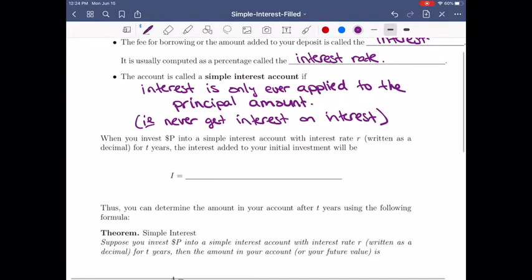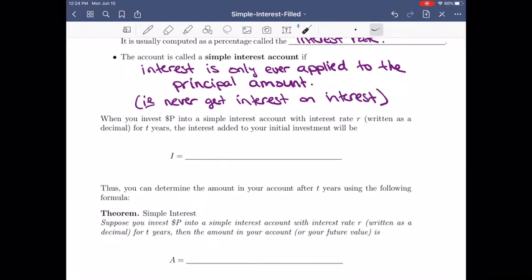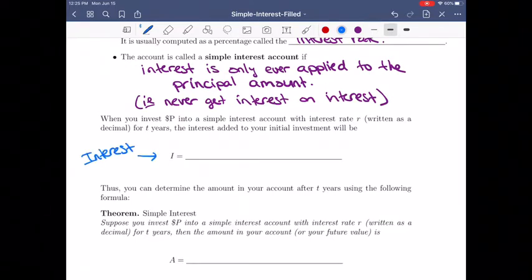So if you invest P dollars into a simple interest account with interest rate R, so this is R percent, for T years, but we want to write it as a decimal, the interest added to your investment, which we call capital I, the interest amount, is computed by P times R. So that is the interest that's added.